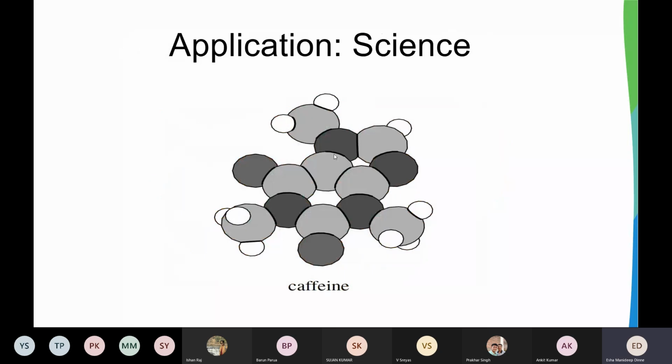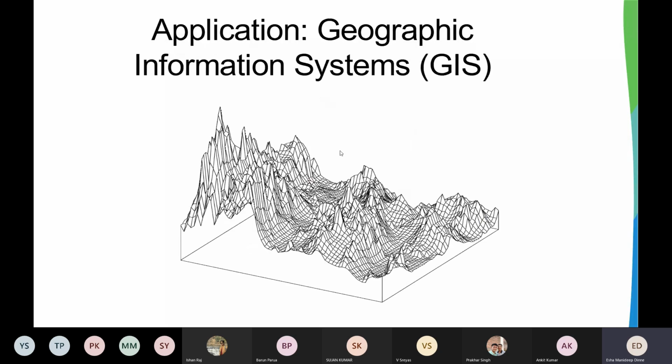The other one is rendering 3D models for molecules. So this is a caffeine molecule. You can do this sort of stuff, which also requires computational geometry. And the other one is geographic information systems. This is used to analyze geographic data, because you get a lot of data about a specific place.